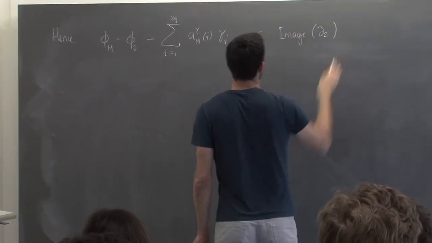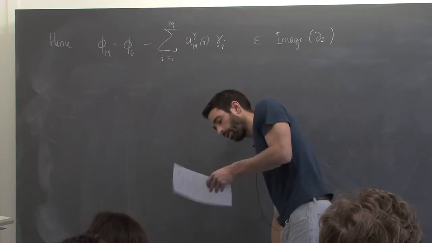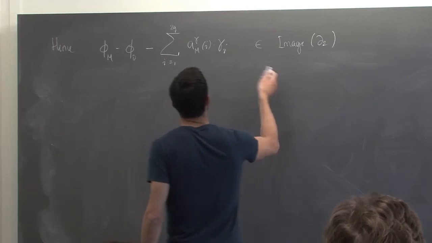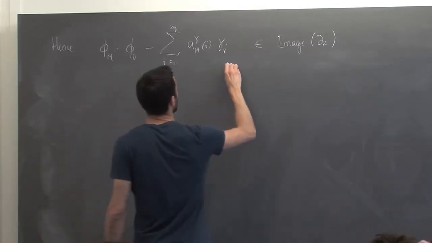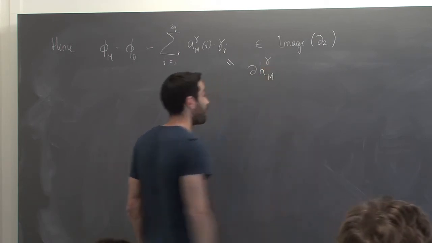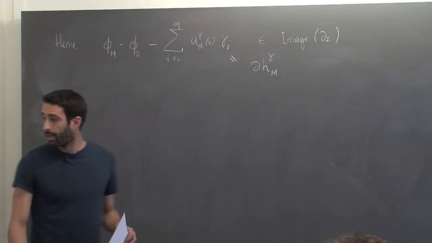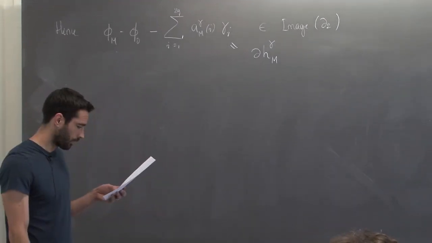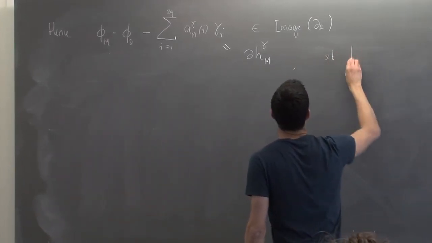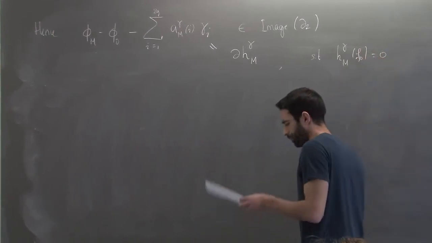of delta 2. So now we can play the same game, but we have to remember that we have these 2g numbers on top. So this is of the form boundary of H_m, which of course now depends on these gammas. Okay, I'll try to wrap it up. So of course we normalize it such that h_m gamma of f0 is equal to 0.